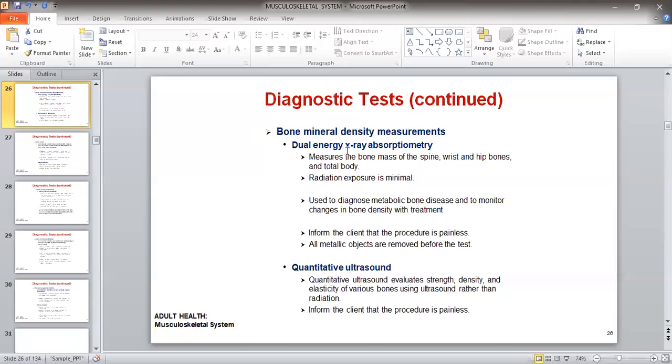So measuring the bone's mass, meaning the content of the bones, the mineralization of the bones, we can do by bone mineral density. And in this procedure, the radiation exposure is very minimal and not dangerous. It is used to diagnose any kind of metabolic bone disease.